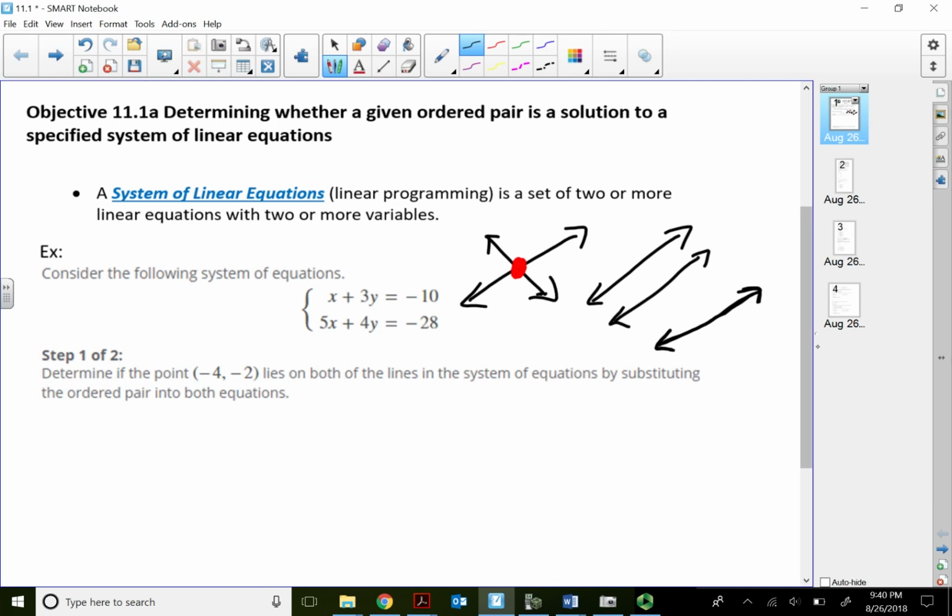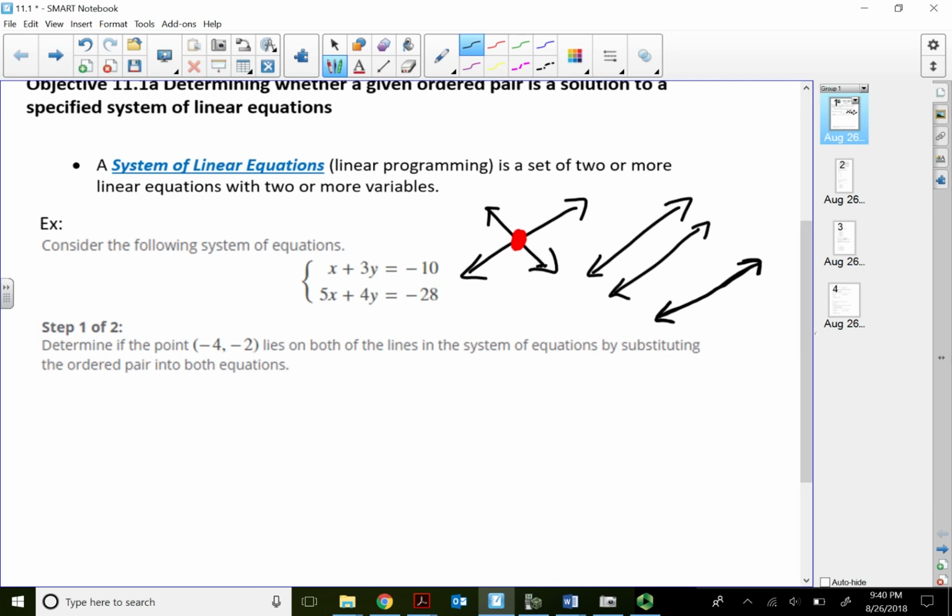All right. So in this objective we want to determine if this point lies on both of the lines in the system. And the way we're going to do it is by substituting the ordered pair into both equations. If I substitute negative 4 and negative 2 into x and y, and it equals negative 10, that means this point is on that line. Same thing for the second line.